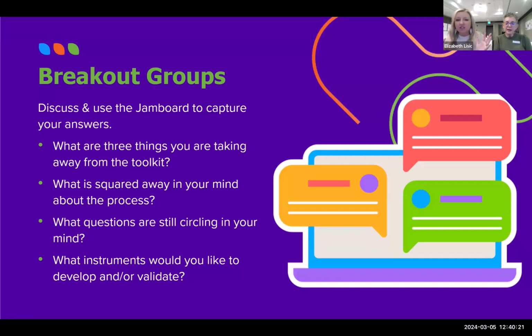And then what questions are still circling in your mind about the process, or maybe about something that you would like to dig into a little bit more or receive some greater clarification around. Then at the bottom of the Jamboard, you're going to see an area where you can think about what instruments or tools you see a need for in your program that you would like to either develop or walk through this validation process for.